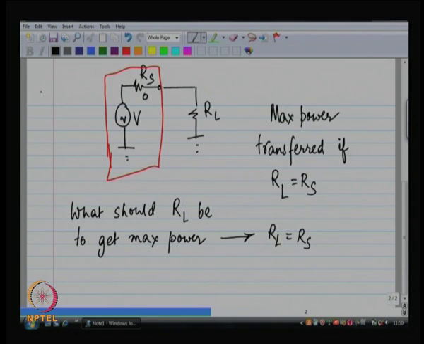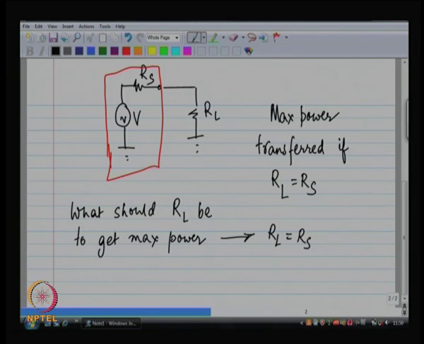So, there is no limit if the source resistance is 0, but the source resistance is non-zero, it is a finite non-zero number of ohms. So, that is the most critical point over here.